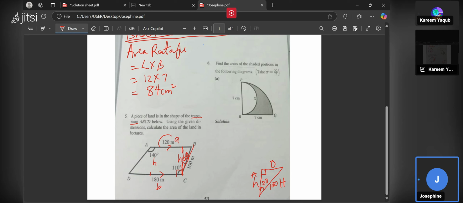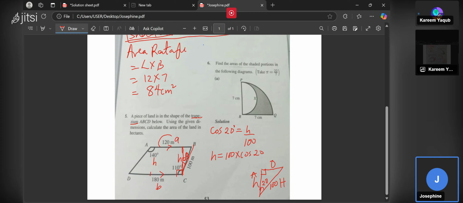Adjacent and hypotenuse. Okay, we are using what's that one called? Cosine. So that's going to be cos 20 degrees equals adjacent, that is h, all over 100. So it is h you are looking for, that is 100 times cos 20.